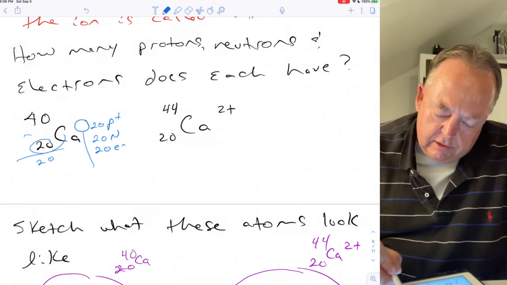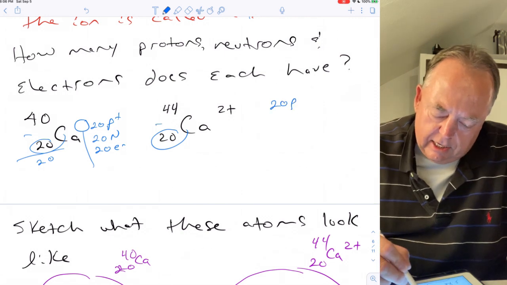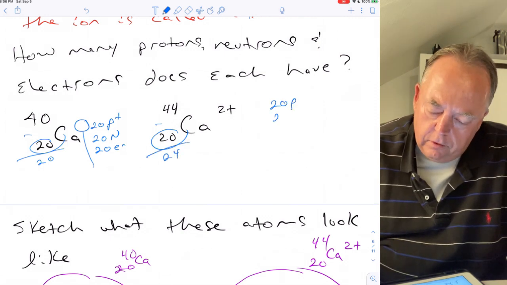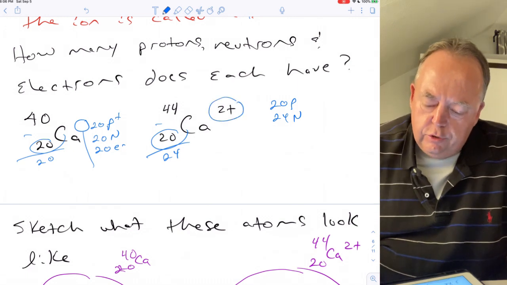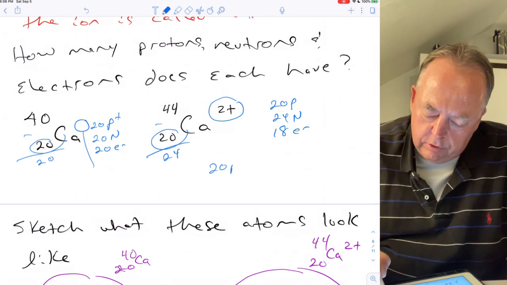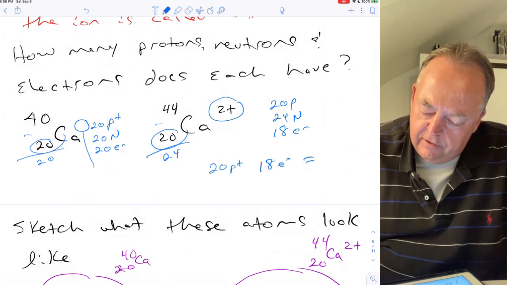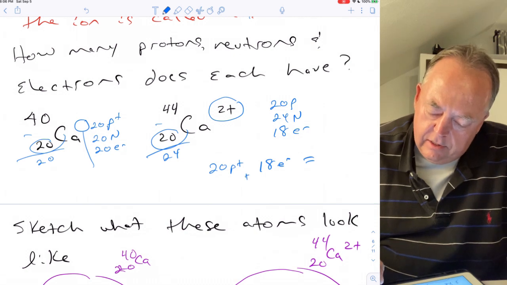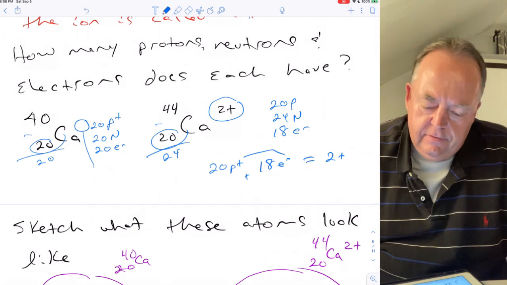Or if we take this, so 20 protons, subtract the 2, so this has 24 neutrons in the nucleus. And now it's got a +2 charge, so there can only be 18 electrons, right? So it's got 20 protons that are positive and 18 electrons that are negative, and if you add those two together, 20 positives and 18 negatives gives you 2 positive net, right?